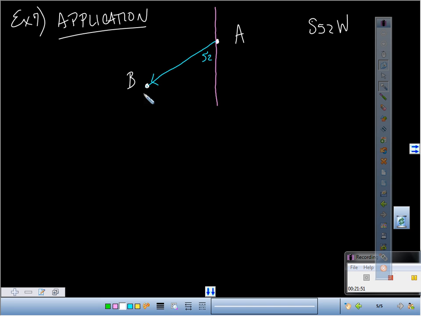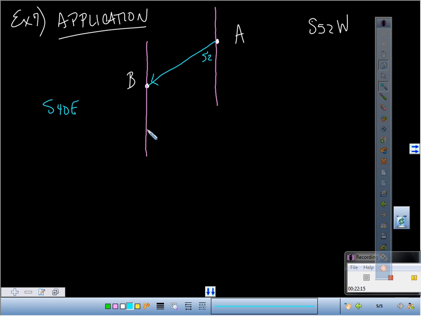Then, in the direction, there's another bearing. What do I need to do? Another north-south line. Because it gave me another bearing. This bearing is south 40 degrees east.